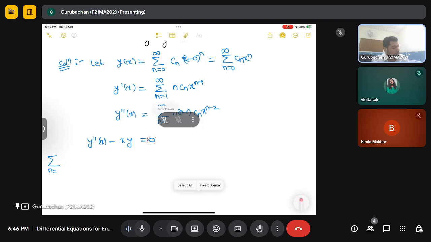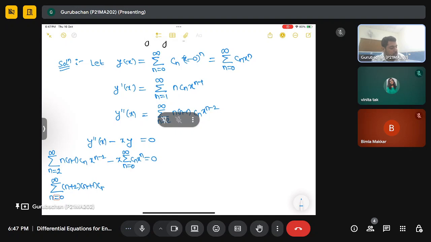This will be summation from n equals 2 to infinity n(n minus 1) c_n x to the power n minus 2 minus summation n from 0 to infinity c_n x to the power n plus 1 equal to 0. When you substitute n as n plus 2, this series will start from 0 to infinity, and the term will be (n plus 2)(n plus 1) c_(n plus 2) x to the power n, while the other will be summation n 0 to infinity c_n x to the power n plus 1 equal to 0.